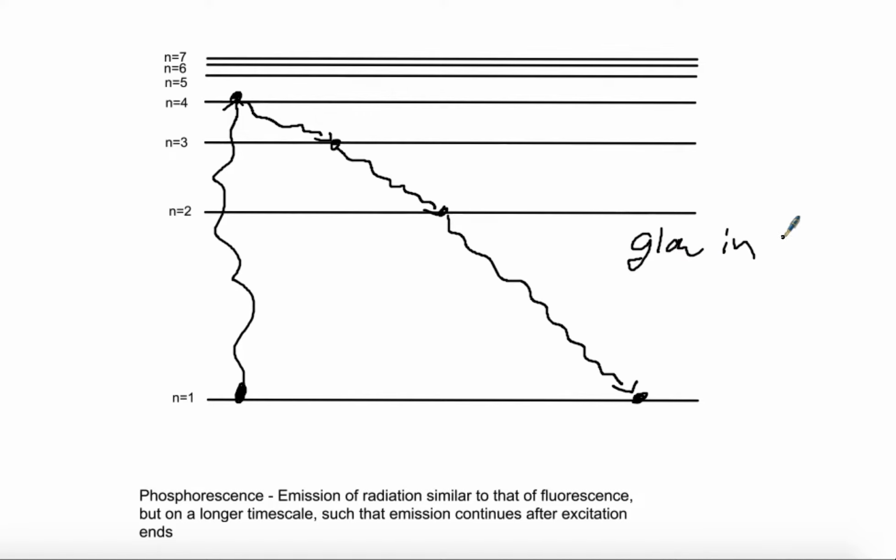So you apply some light to something, you take the light away, and it'll keep glowing because it's giving up that energy over a longer period of time. Sorry, I will glow in the sun. So glow in the dark things work by a process called phosphorescence. That is the scientific name of that process. Glow in the dark, phosphorescence. It is just a longer form of fluorescence.